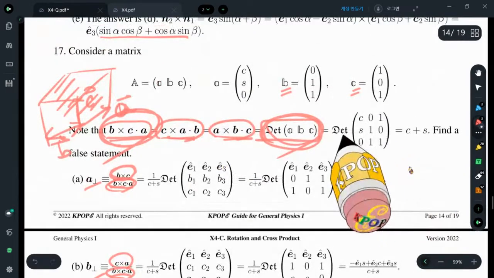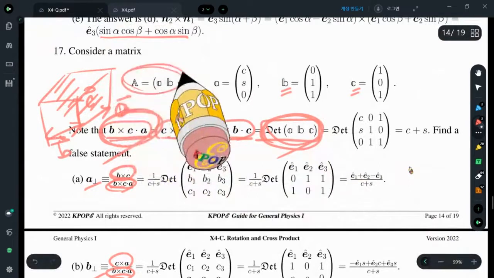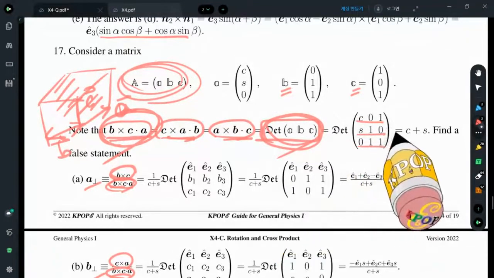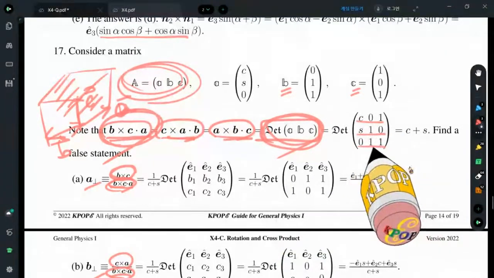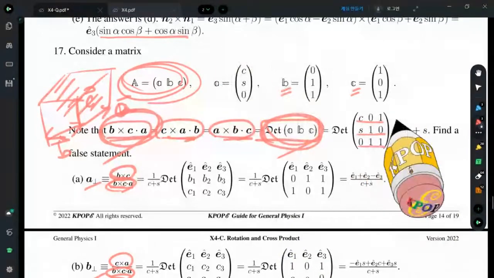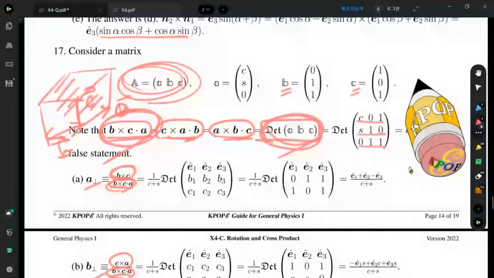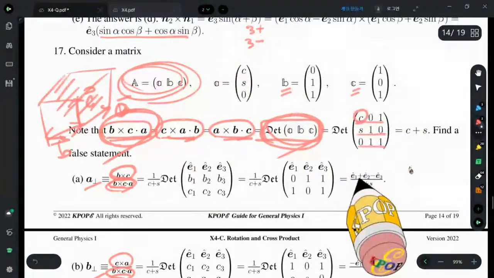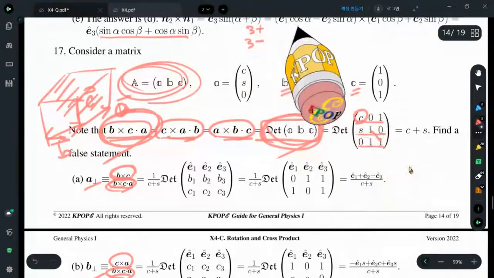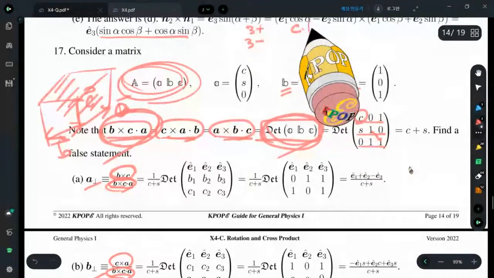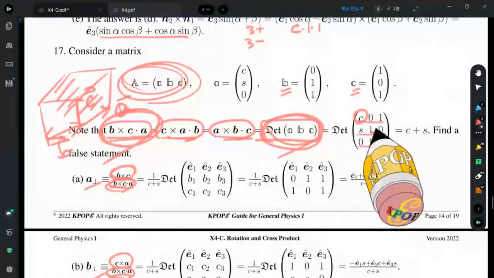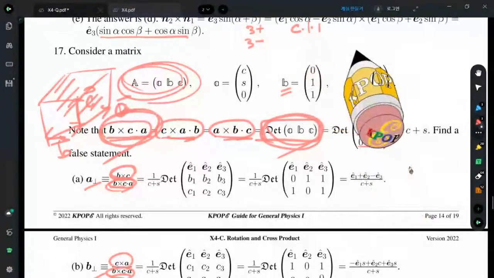Let's see first the determinant of this, that means the volume of this. So I have to compute this determinant. If we have many terms, just list three positive and three negative terms. This one, C11, is positive. This one has a 0, so no contribution.